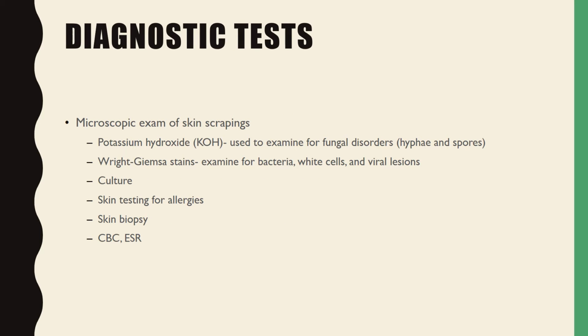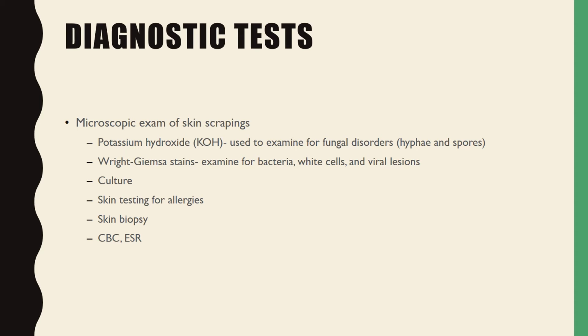So there's lots of different diagnostic testing you can do with dermatology. Here's a list here. Most of these are diagnosed just by the way they look and their presentation from their history and physical. But you can do microscopic examination of the skin scrapings using potassium hydroxide or KOH.